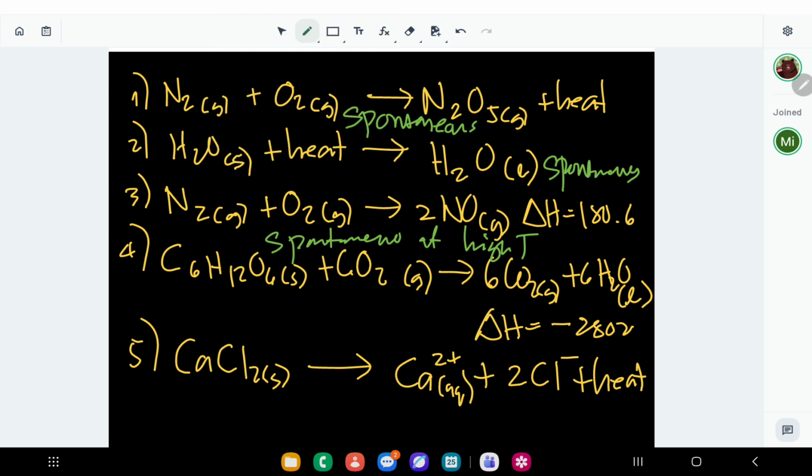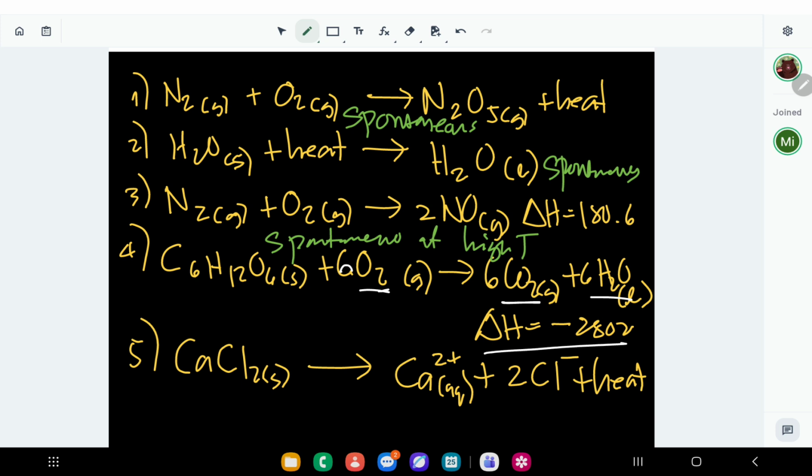This one is a combustion process because the products are CO2 and water, and then we have oxygen. The glucose reacts with oxygen, so this is glucose combustion. Combustion releases a lot of energy, and delta H here is negative.